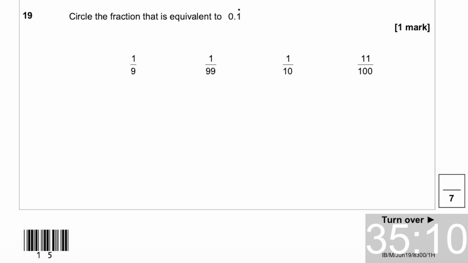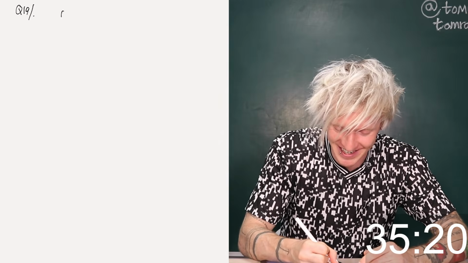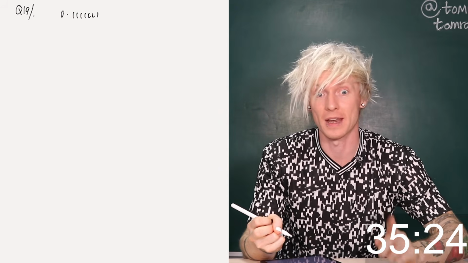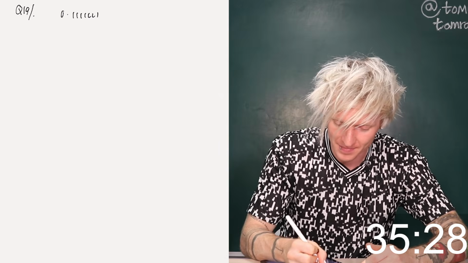Question 19. Circle the fraction that is equivalent to 0.1 recurring. Hooray! Classic. Right, so 0.111111 is going to be 1/9. I know that, but I'm guessing they want some working. Maybe they do, maybe they don't.